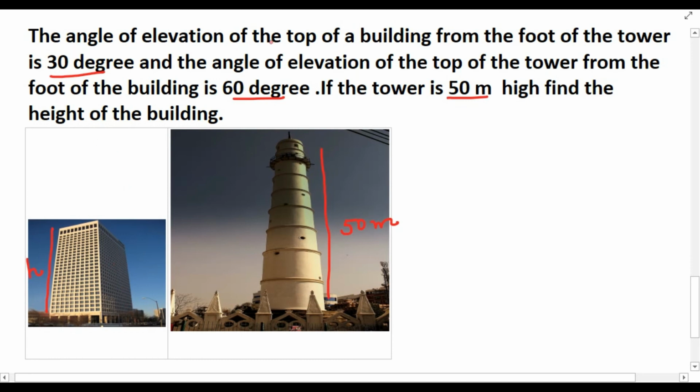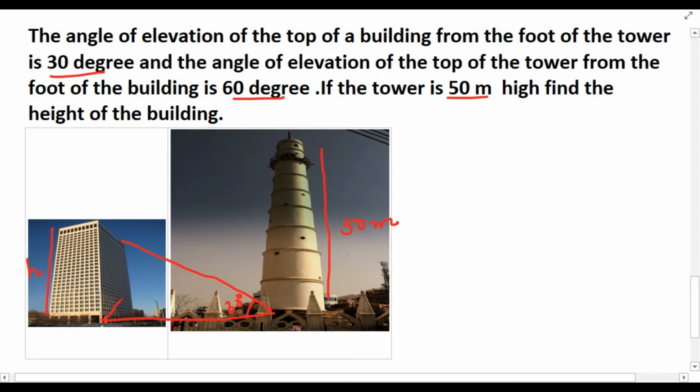Angle of elevation of the top of the building from the foot of the tower, that means the top of the building from the foot of the tower, the angle of elevation is 30 degree. Again, angle of elevation of the top of the tower from the foot of the building. Building is here.